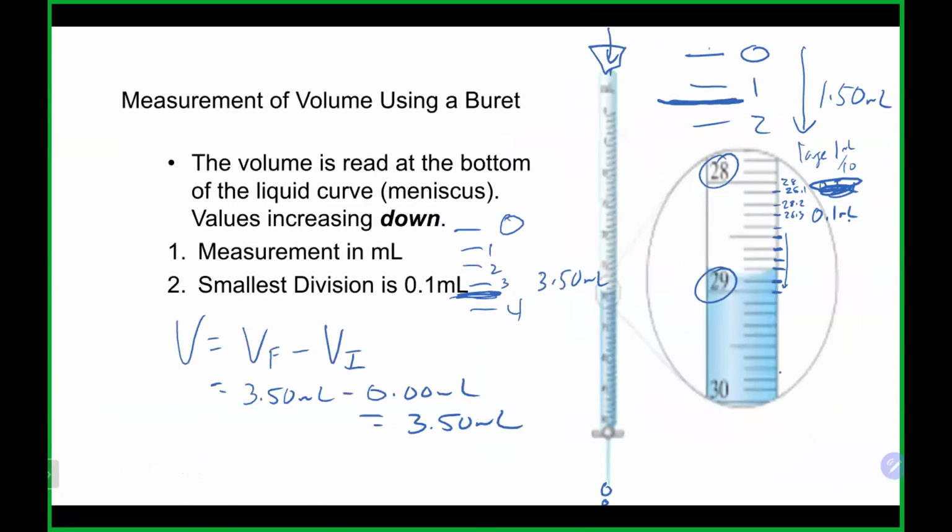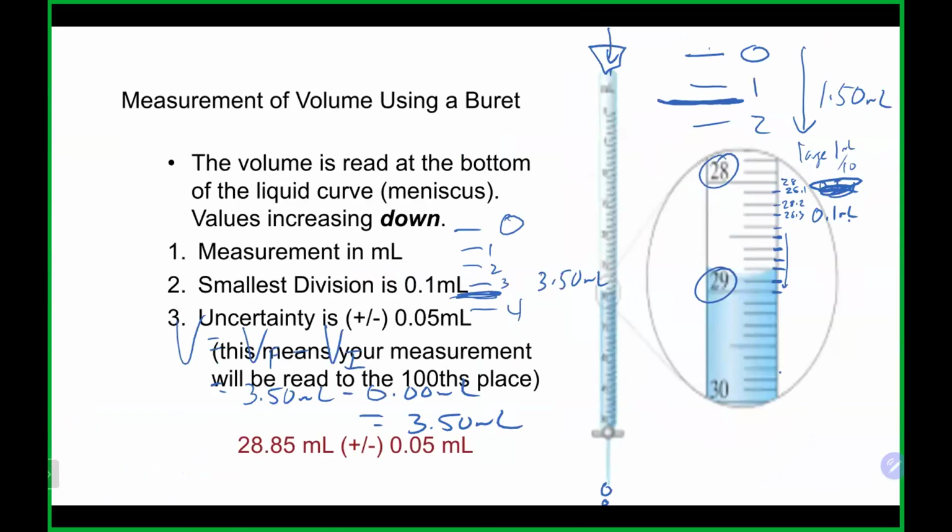When we take our reading, they don't feel that the meniscus is exactly at that 29. It's just a hair above it. And we would go 28.85 milliliters. Again, dividing my smallest here by 2, getting us to 0.05 milliliters plus or minus 2 decimal places.